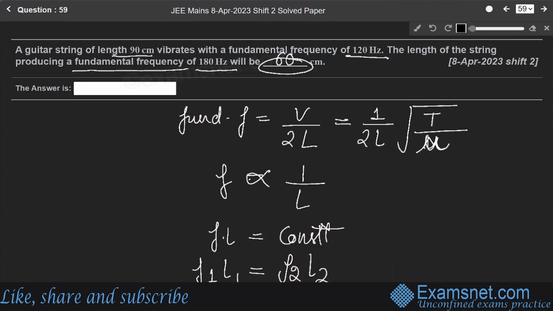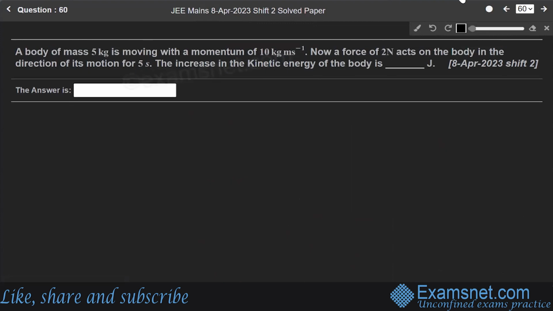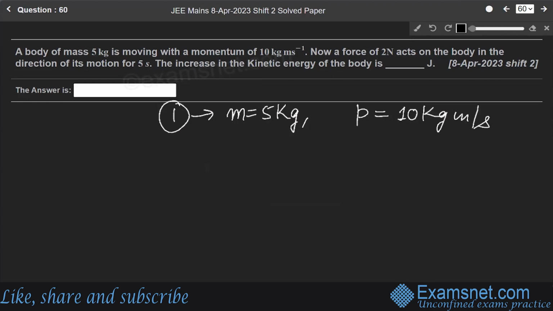Now moving towards the next question, question number 60. It says that a body of mass 5 kg is moving with a momentum of 10 kg meter per second. Let us say there is one body, its mass is 5 kg and it is moving with a momentum p equals 10 kg meter per second.